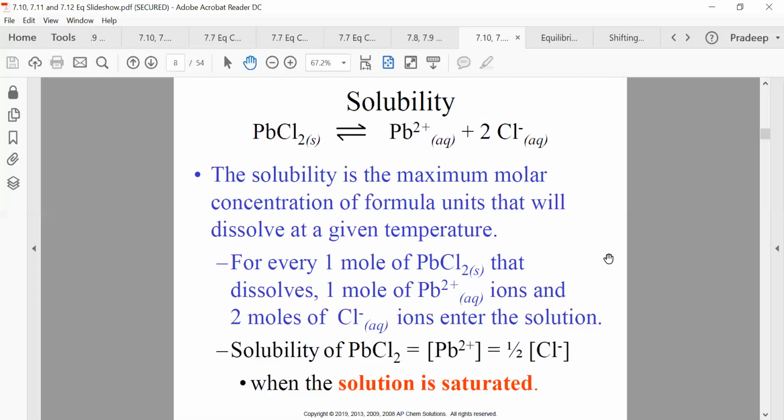Remember, in our concentration equation, when we have these coefficients, they normally go up to the exponent.